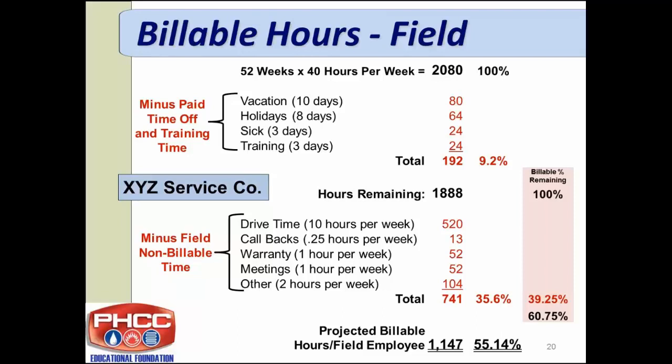Sick leave and training days add another 48 hours. So all in all, right off the top, we're removing 192 hours of potential productive time from the technicians. And of our 2080, that's a little over 9% of their time gone from the start. So that leaves us, for this company, with 1888 remaining.